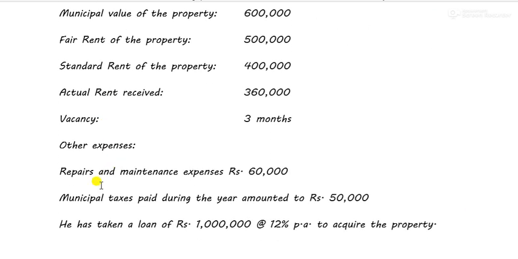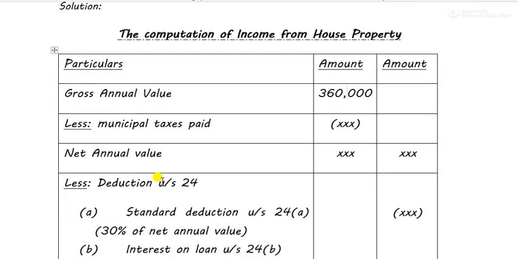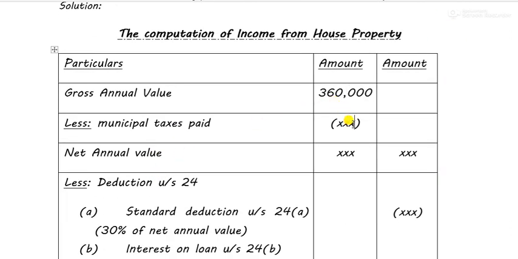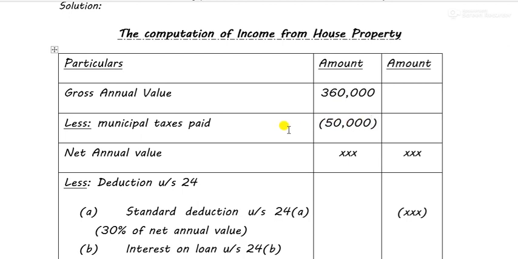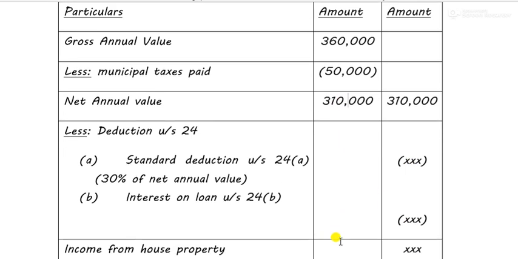So municipal taxes paid during the year amounted to 50,000. Nothing complicated in this. So we'll just record 50,000 over here. Now 3,60,000 minus 50,000 is equal to 3,10,000. So here also in the outer column 3,10,000 becomes my net annual value. After deducting municipal taxes from gross annual value, net annual value is the result.